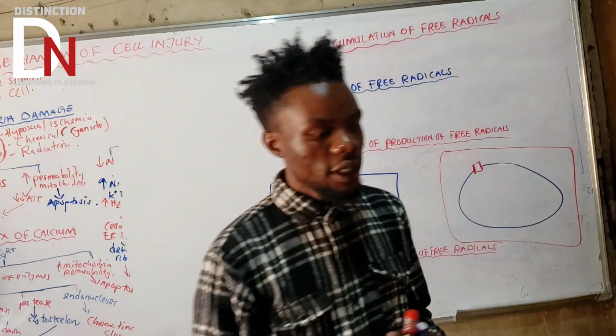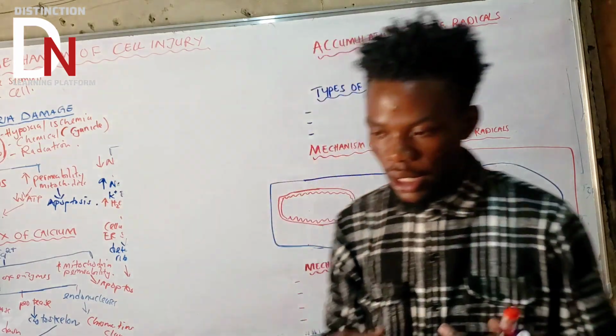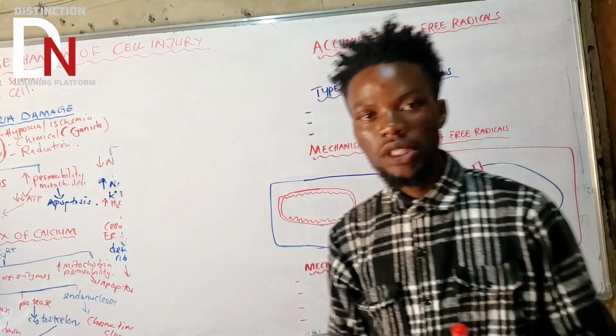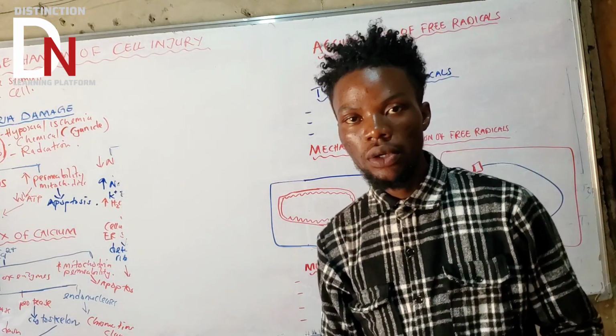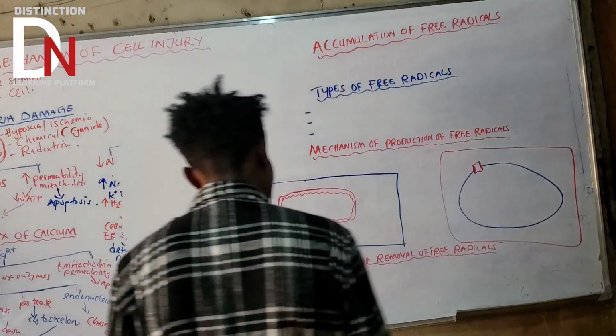Free radicals are what we call unstable compounds, and they have a single electron in their outermost shell or outer orbit. So what are we saying? What are free radicals?